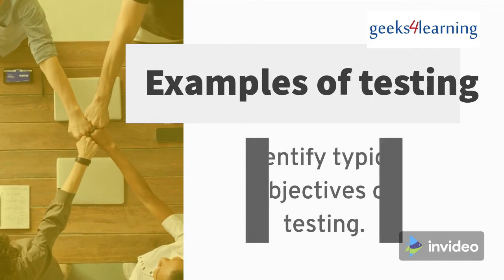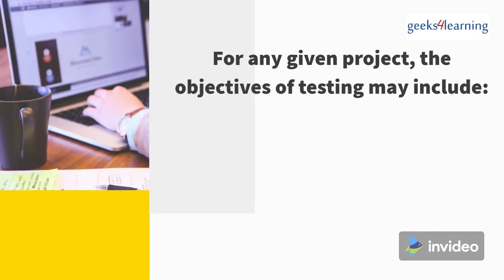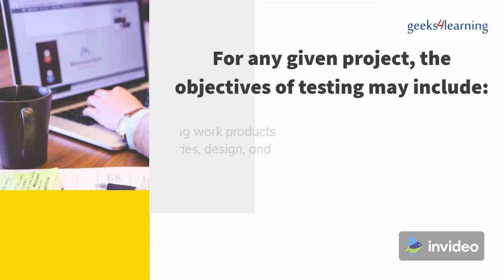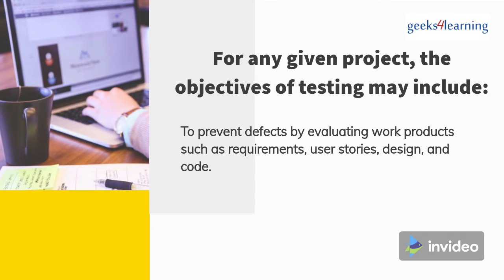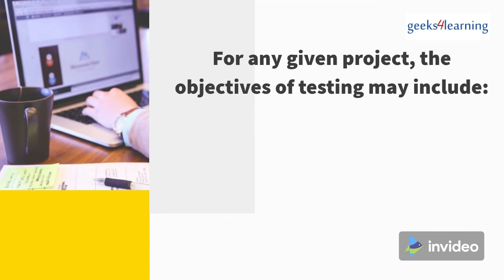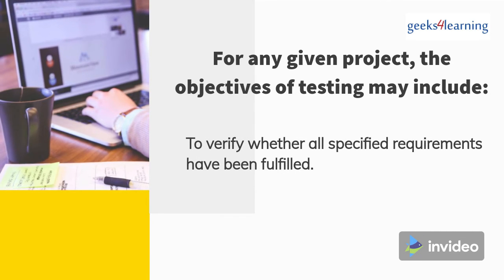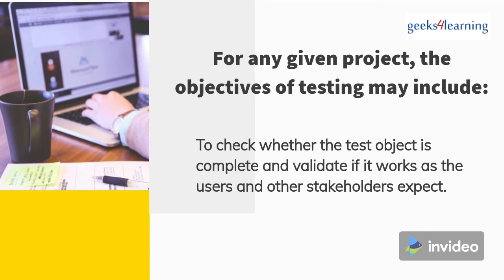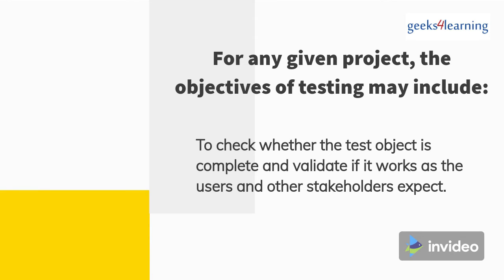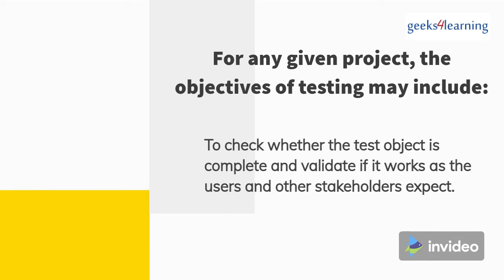Typical objectives of testing. For any given project, the objectives of testing may include: to prevent defects by evaluating work products such as requirements, user stories, design, and code. To verify whether all specified requirements have been fulfilled. To check whether the test object is complete and validate if it works as the users and other stakeholders expect.